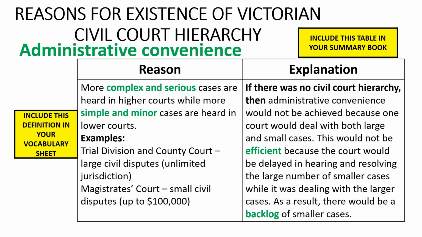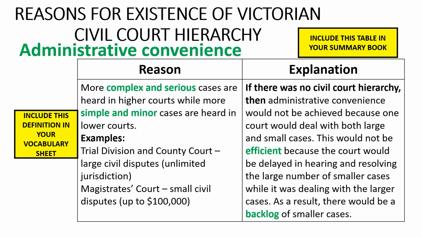It's therefore more efficient to stream larger cases to the higher courts, such as the County Court and the Trial Division, and smaller cases to the lower courts, such as the Magistrates' Court. Whenever you are describing administrative convenience as a reason for the Victorian civil court hierarchy, try to remember to describe it using the words backlog and efficiency as I have just done.